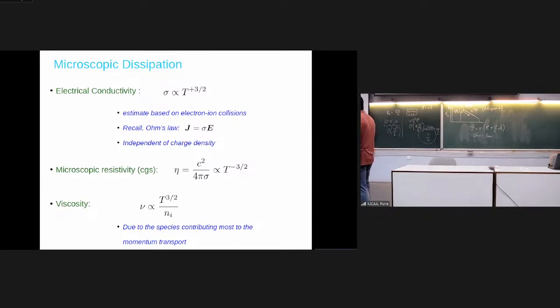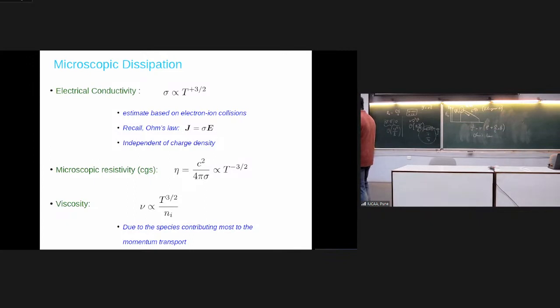Viscosity goes as a positive power of T. Viscosity is contributed by the species which contributes maximally to the momentum transfer. Eta and conductivity are contributed maximally by the species that contribute to the electrical currents. So in this case it could be electrons, in this case it could be ions. Different species contribute to different microscopic properties.